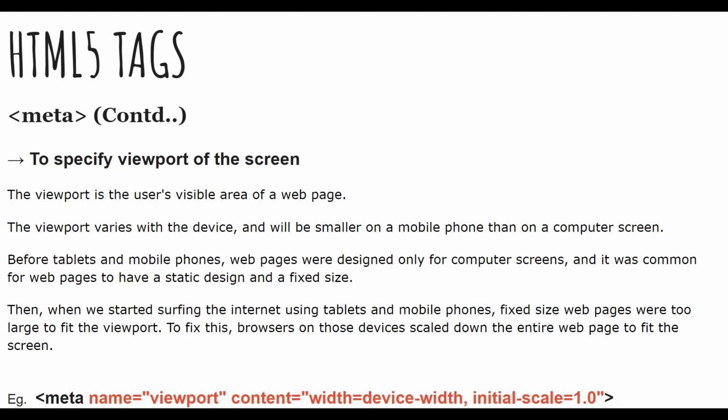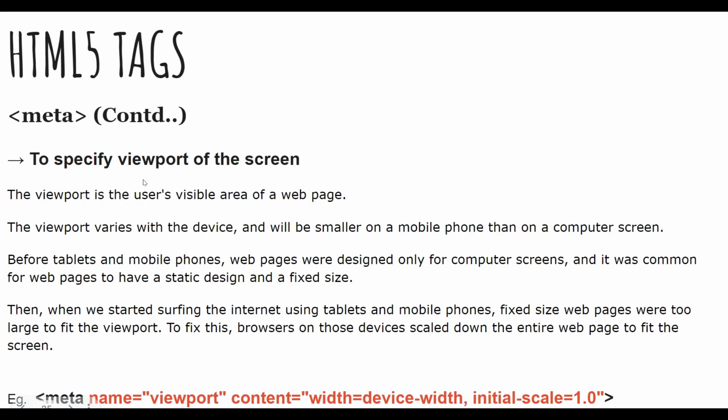It will take the size of what you have given in the PC. For a small device, it will extend the screen, so you need to scroll to check the whole page. So for that, viewport comes to help.